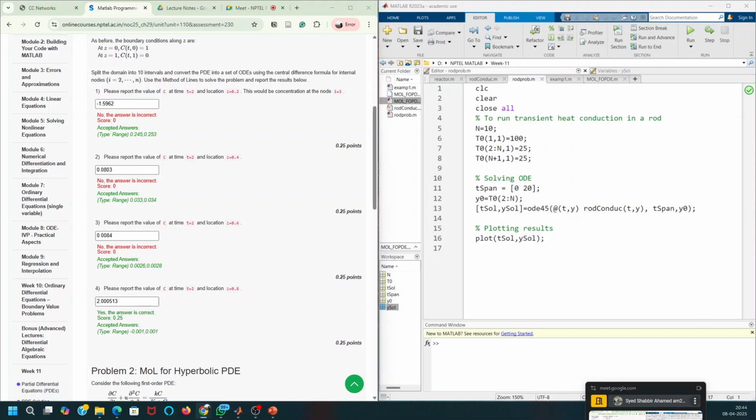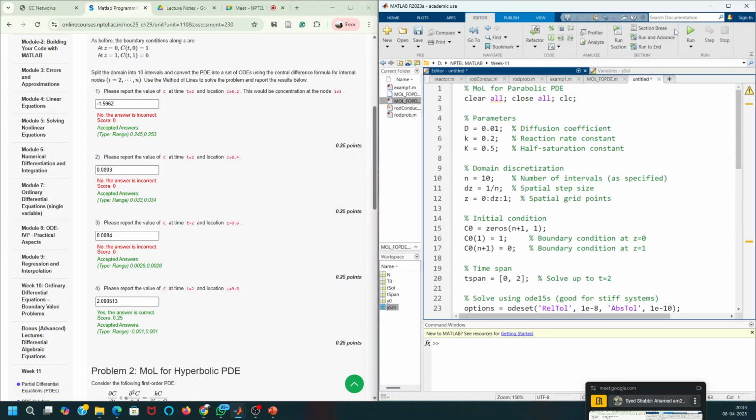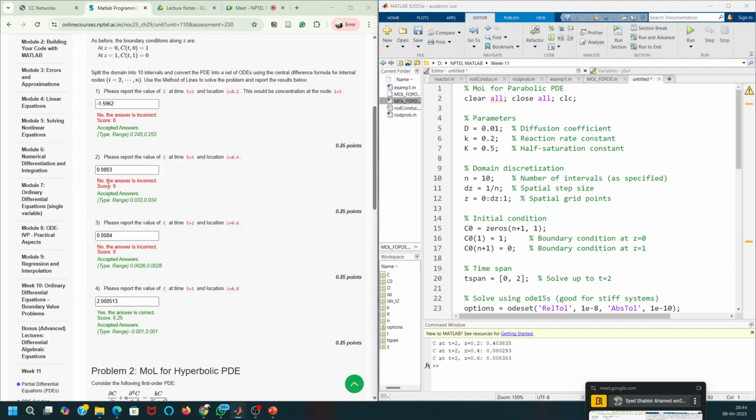I have just asked ChatGPT to write the code. Let's see if it will give the correct answer. We got what we were getting earlier, so our code is correct. I think these answers are wrong. What we have written is right.